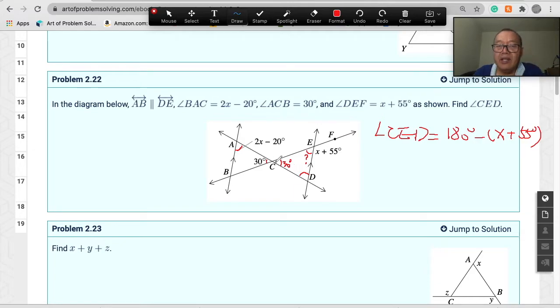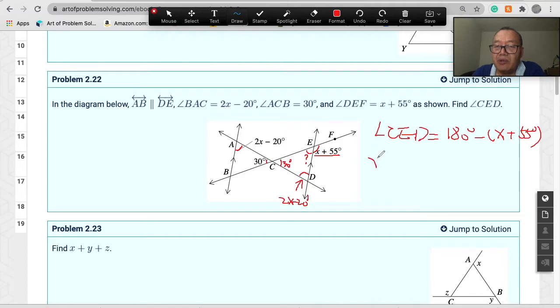Then in triangle CDE, we know this angle equals 2x minus 20 degrees. We already represent this angle as 180 minus this one. But actually the shortcut, you can use this one. This one is the exterior angle of this triangle at vertex E.